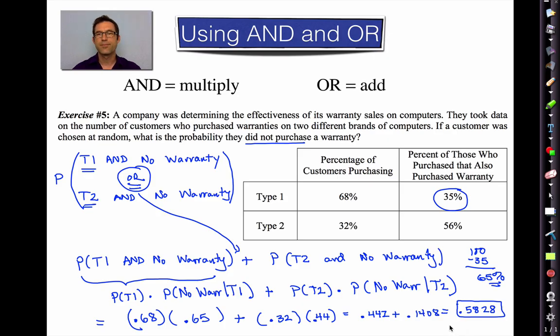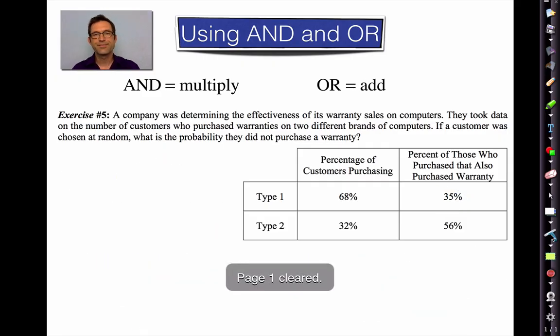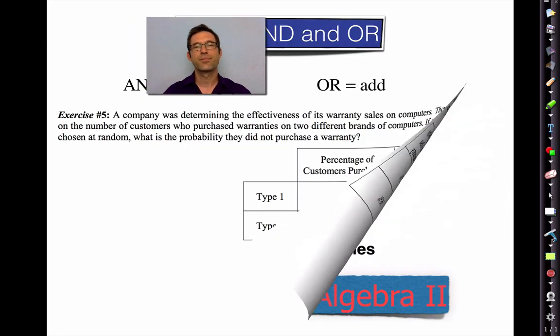All right, and that's it. That's tricky, putting together ands and ors and all sorts of different things. Pause the video now and think about what we just did. All right, let's clear that text out and let's wrap it up.